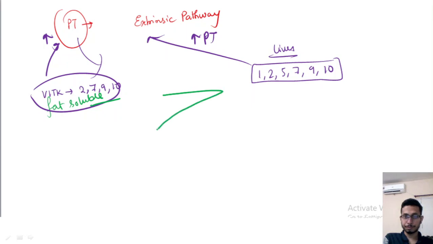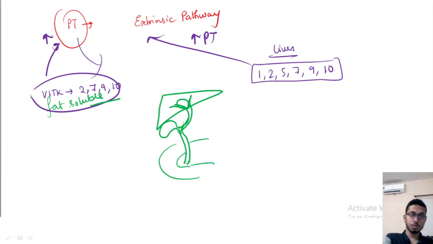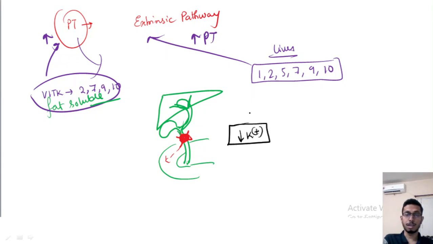So, this is the gallbladder, cystic duct, and it is coming to the intestine. Okay. So, in case of cholestasis, that is obstruction of the biliary flow, bile cannot flow freely up to the level of the intestine, resulting in decreased absorption of vitamin K. In such cases, giving injectable vitamin K will be helpful to the patient.